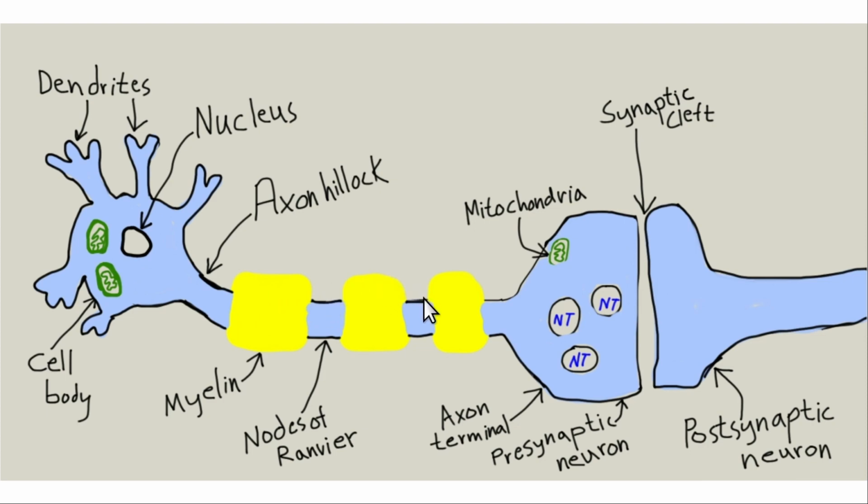It's called saltatory conduction. Once the conduction reaches the synaptic terminal, the axon terminal, calcium is going to come into the cytoplasm here. When calcium concentration gets high, it's going to cause these neurotransmitter vesicles to merge with the plasma membrane here at the synapse, and then it's going to release the neurotransmitter, which diffuses across the cleft and activates the postsynaptic neuron.